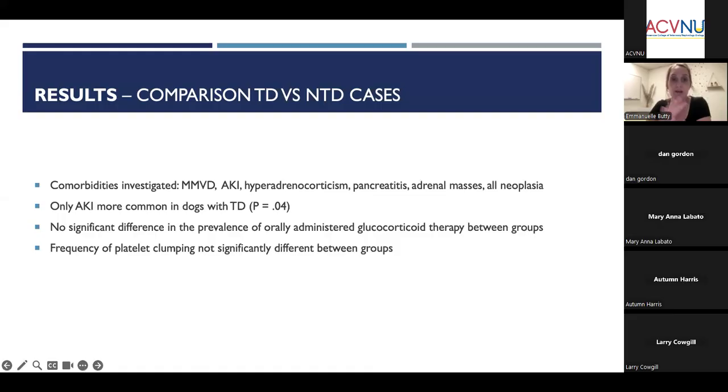And again, looking at the comorbidities that they investigated, MMVD, AKI, hyperadrenocorticism, pancreatitis, adrenal masses, and all neoplasia, only the AKI was more common in dogs with thromboembolic disease. But there was no statistical difference in the prevalence of oral glucocorticoids between the two groups, and no difference in the platelet clumping either.